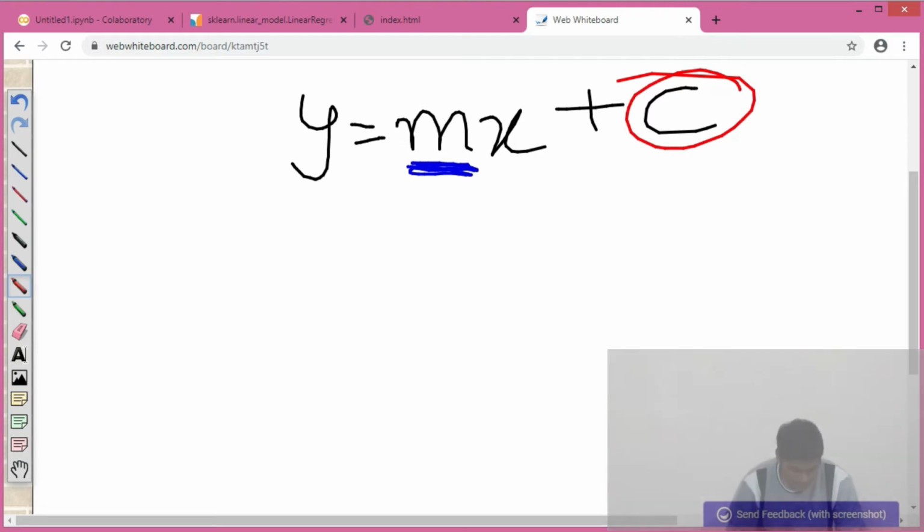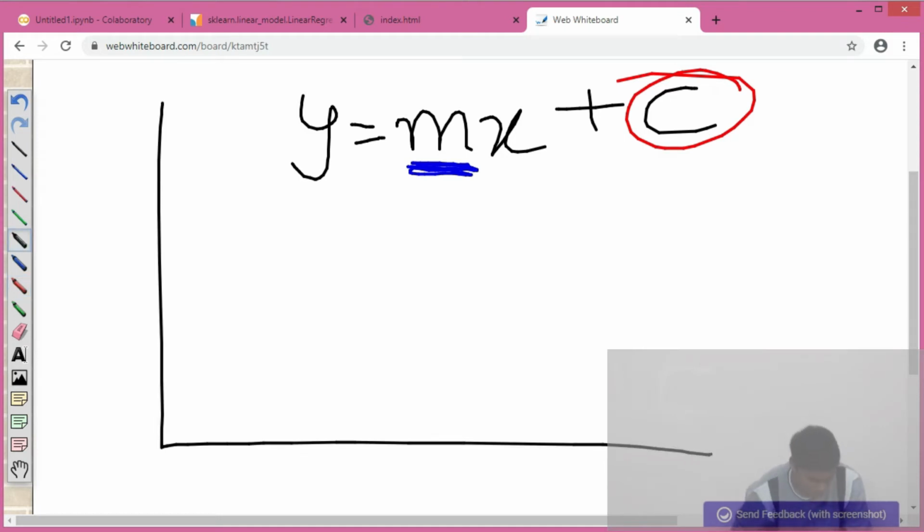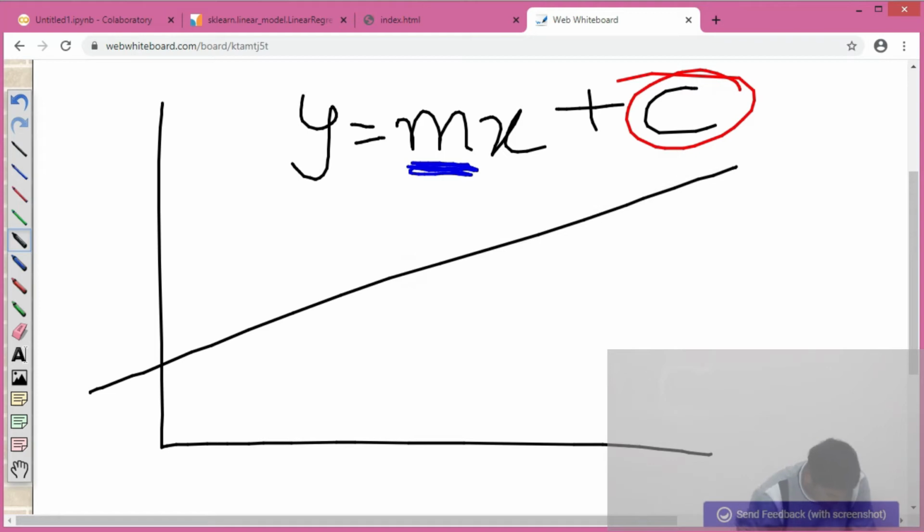Now what is c? C is the intercept. I did explain what intercept is, but don't worry, I'll explain it once again. Let me just draw my axes again, and one more line. What is the intercept? If I have this line here, the intercept is the distance between the origin, this point, and the point where the line cuts my y-axis.